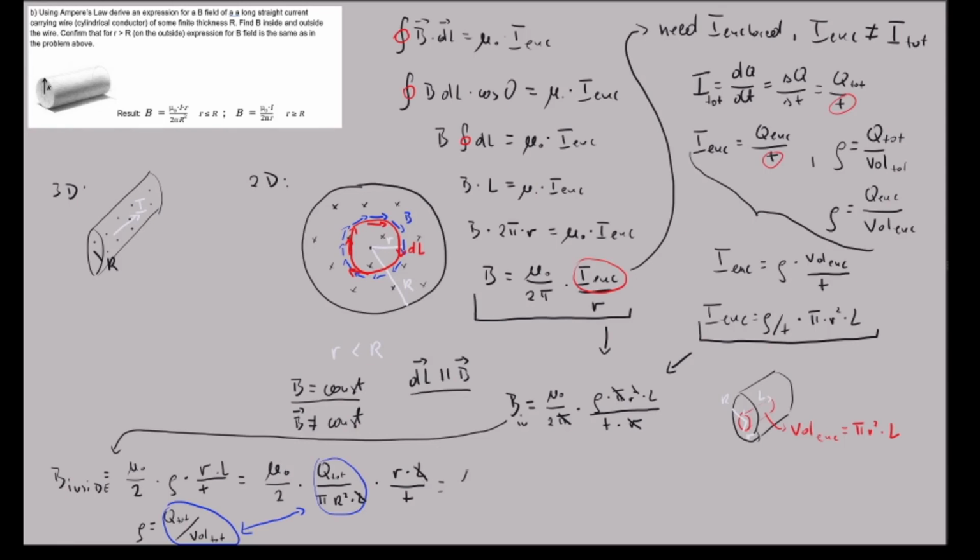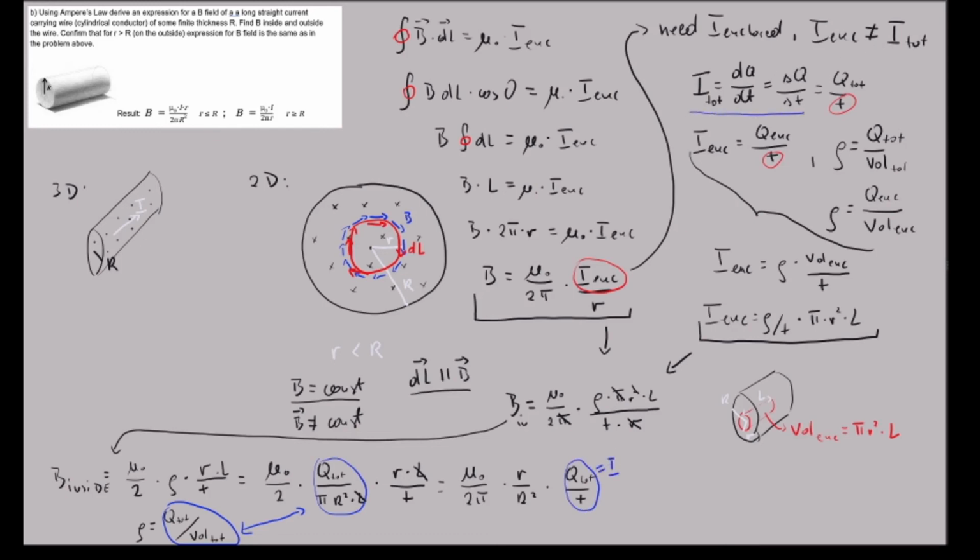And I'm going to rearrange this so that I have μ₀ over 2π times r over R squared times Q total over T. Now remember that this little t here was the time that it would take for the charge to flow through the length of the wire. And this Q here is the total Q. So this whole expression here, Q total over T, becomes a current I.